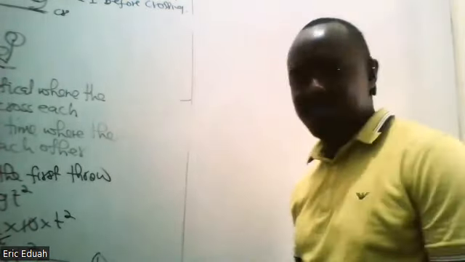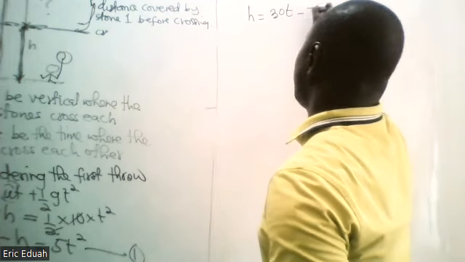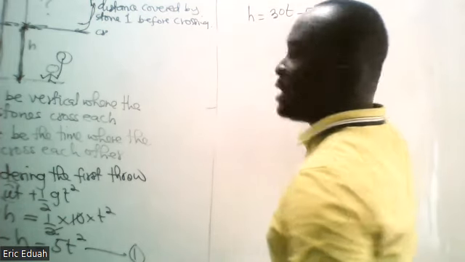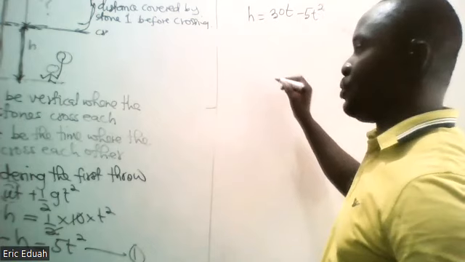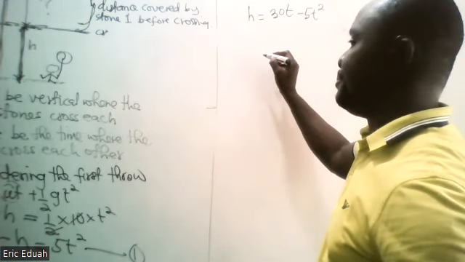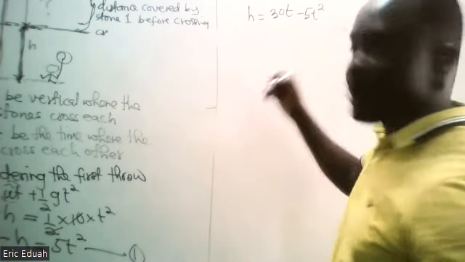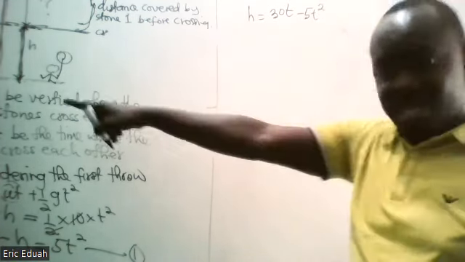25. Quickly, for the benefit of those who perhaps had a challenge in solving it, we have the first equation to be H equal to 30T minus 5T squared. Then the second one, let's quickly make H the subject from equation 1.